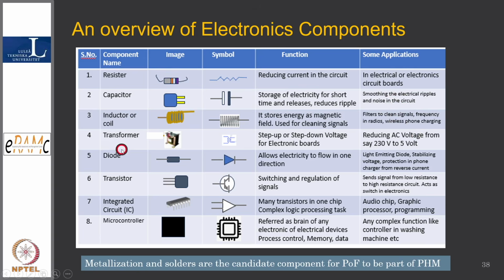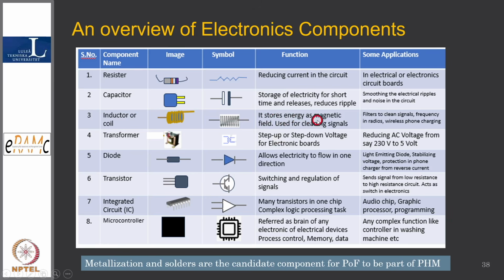Then we have the inductor or coil. It is nothing but one coil, like a heater coil. It is wound on some central element, and its symbol is here. It stores energy as a magnetic field. That means if current is passed through the coil, it will generate a magnetic field, and that magnetic field can be used for charging a device or in other ways.